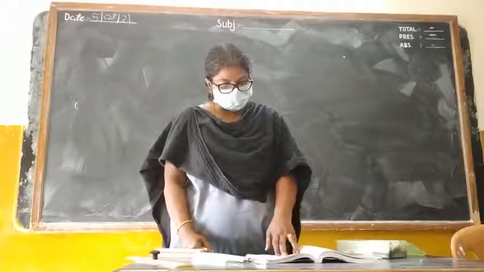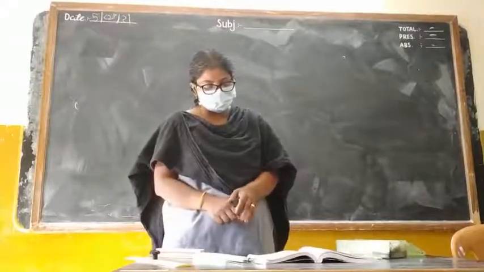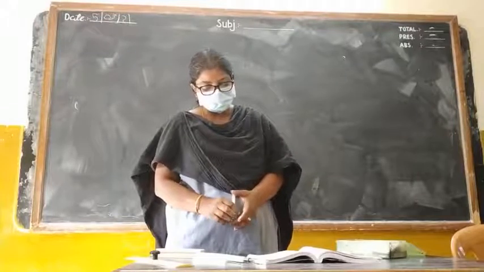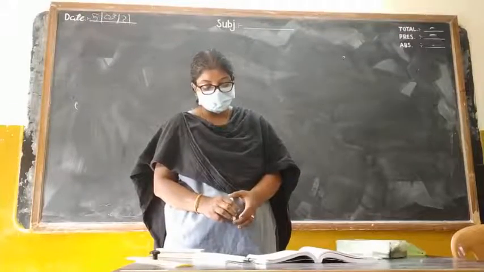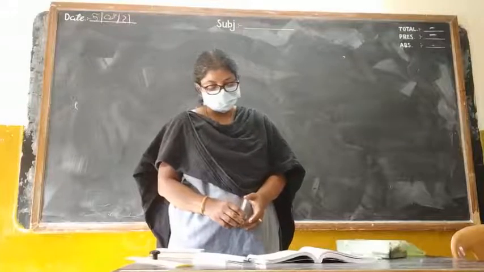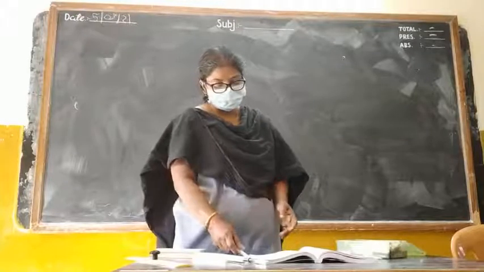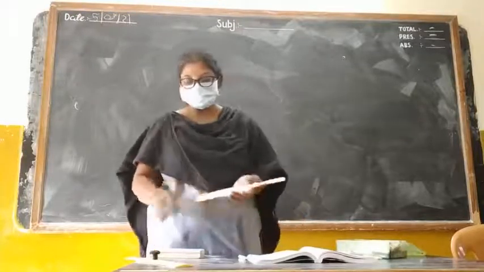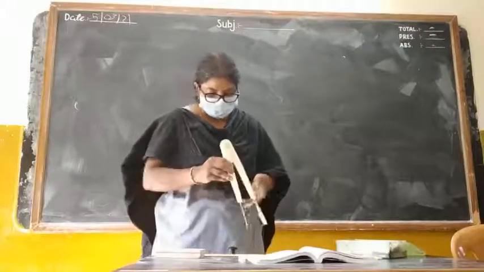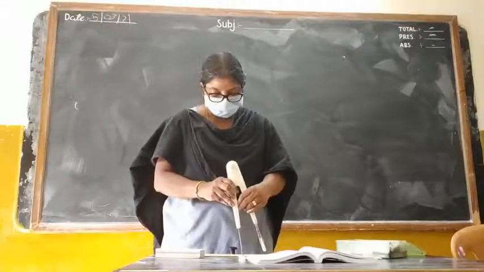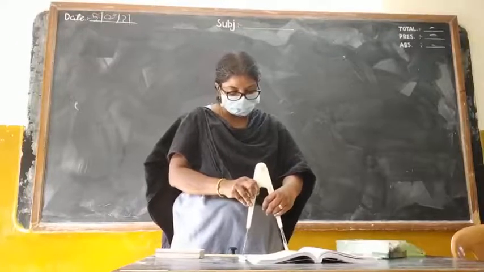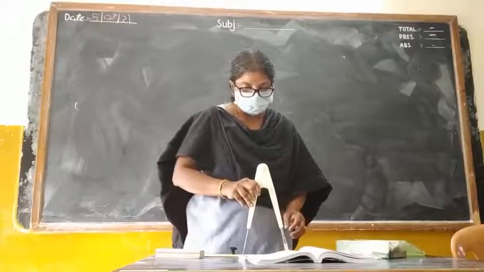11.2 first question. Draw a circle of radius 6 centimeter from a point 10 centimeter away from the center. Construct a pair of tangents to the circle and measure its length. So first you have to take 6 centimeter radius.